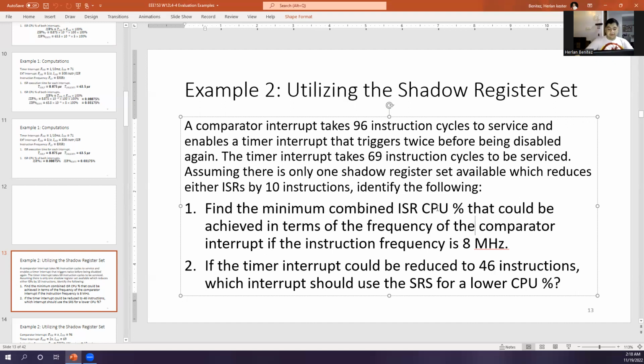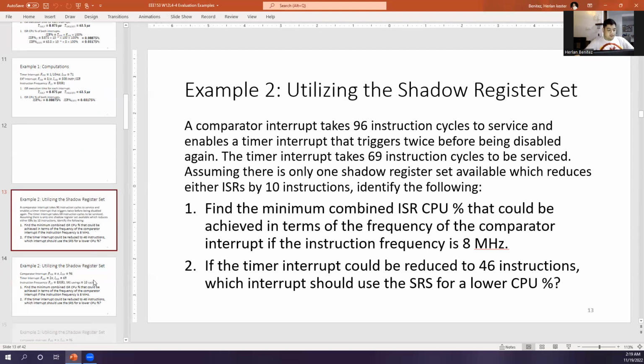So what is the minimum combined ISR CPU percentage? Then the next question: if the timer interrupt could be reduced to 46 instructions, which interrupt should we use the SRS for a lower CPU percentage? It's somewhat the same question, but in the second case, we reduce the number of instructions of the timer.